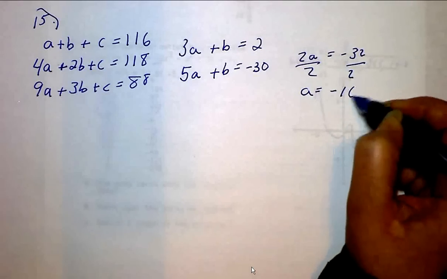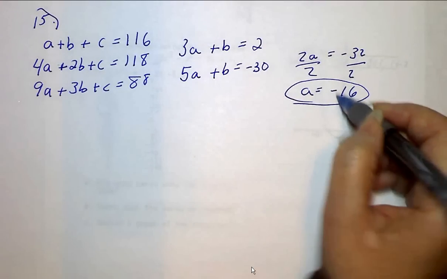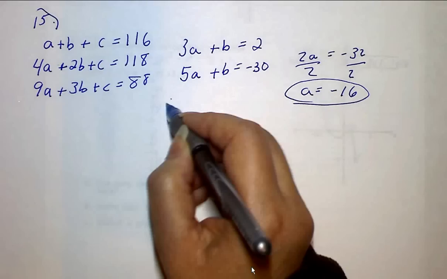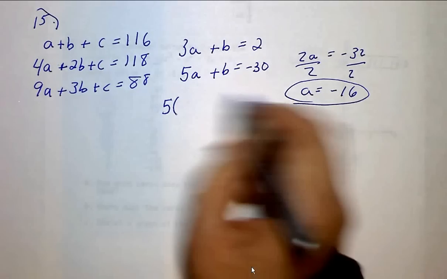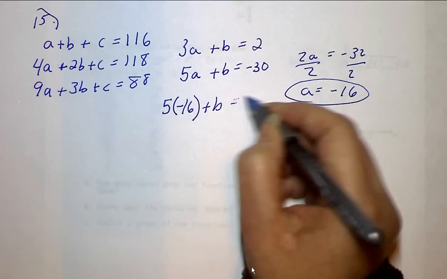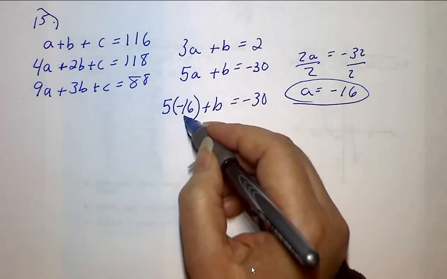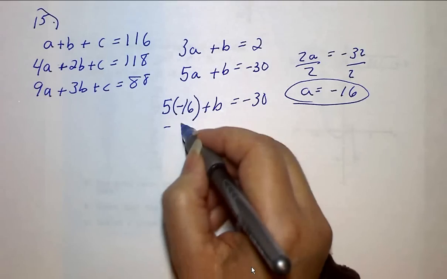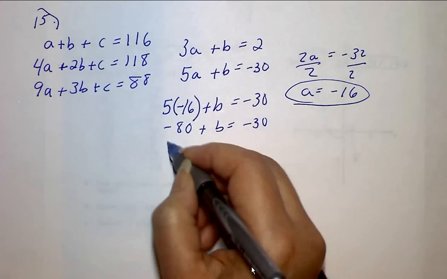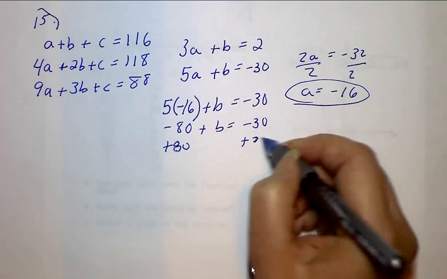Then I can bring this over here and put this a into it, so I have 5 times negative 16 plus b is equal to a negative 30. So 5 times negative 16 gives me a negative 80 plus b is equal to a negative 30. I add 80, b is 50.